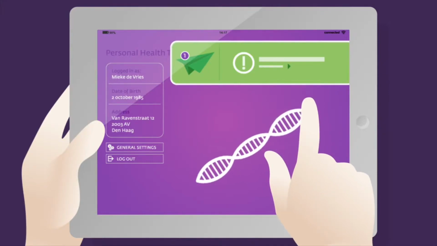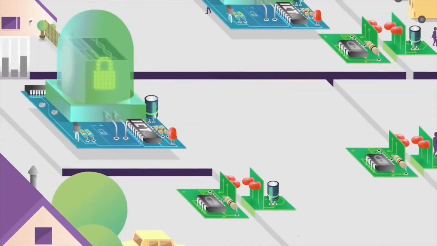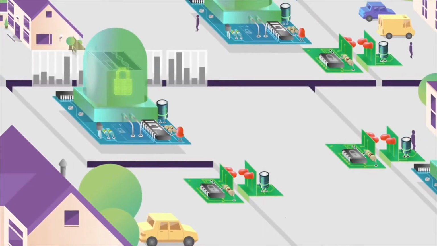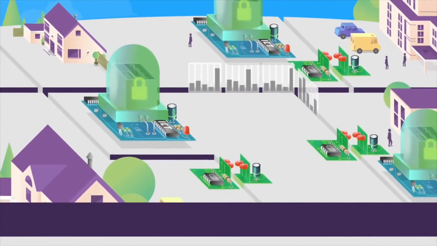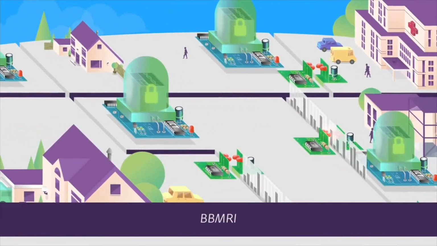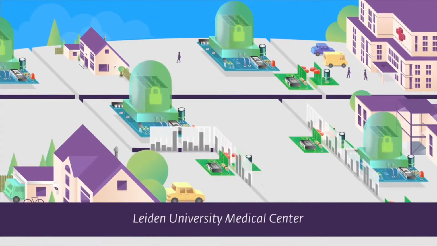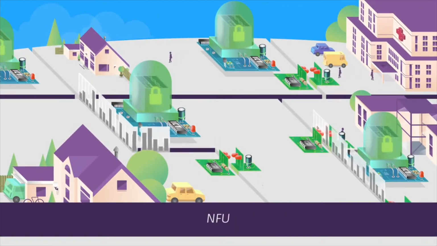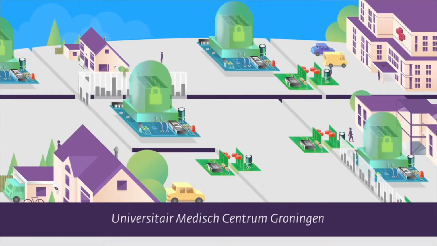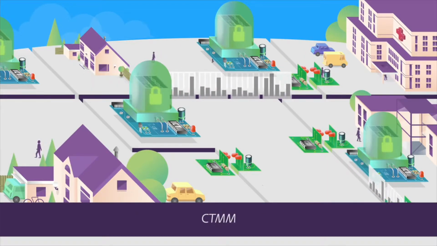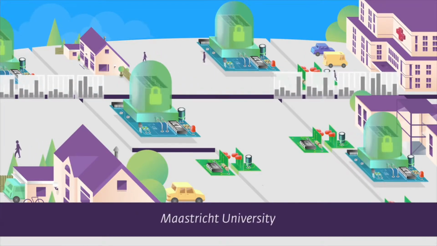In this approach, the information is accessible for research, prevention, and education without the data ever leaving the station. With the personal health train, health data becomes available whilst individuals and institutions maintain control.